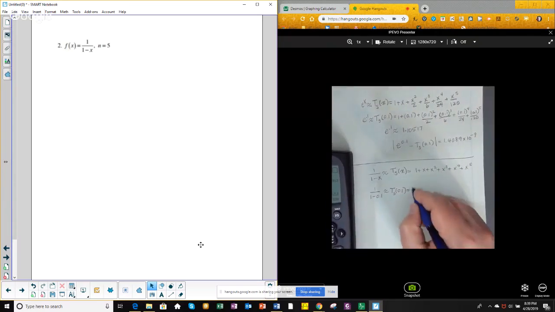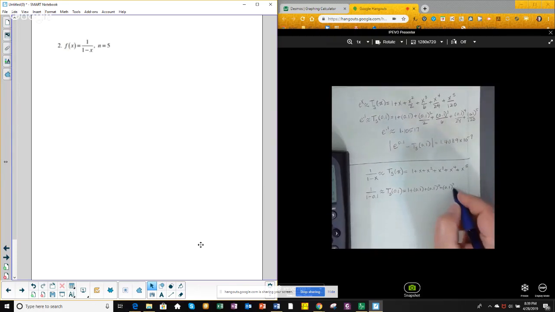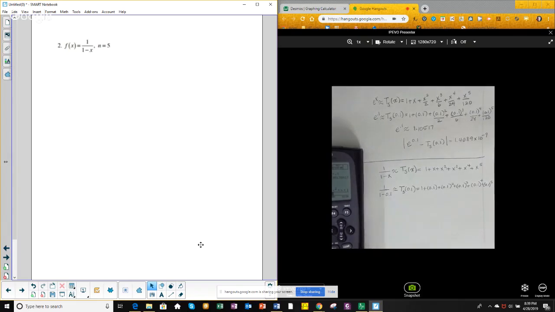And let's plug it in. So we say 1 plus 0.1 plus 0.1 squared plus 0.1 to the 3rd plus 0.1 to the 4th plus 0.1 to the 5th.